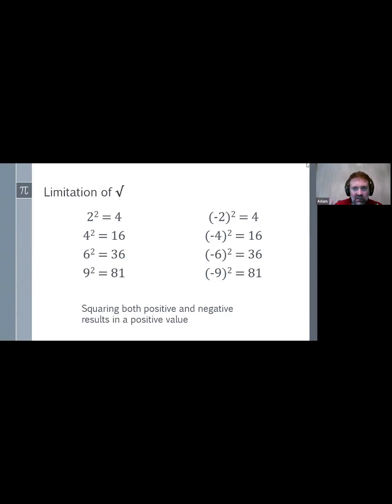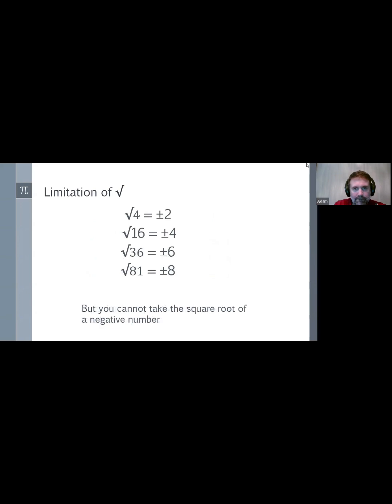So you're going to get 4, 16, 36, and 81. Even if you do 2 or -2, they will result in a positive number. Either one, it will always result in a positive. So if you work backwards, you're only going to be working with positive numbers. There's no way to get a negative number when you square a number.